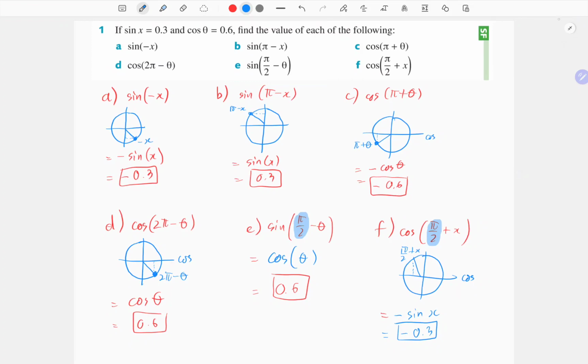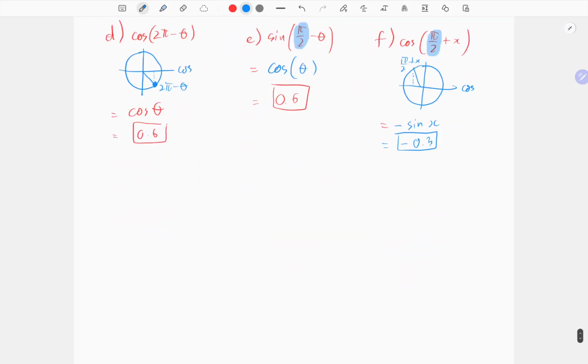All right, that's all of the answers for question 1. I'll spend a bit more time on this complementary angle thing.